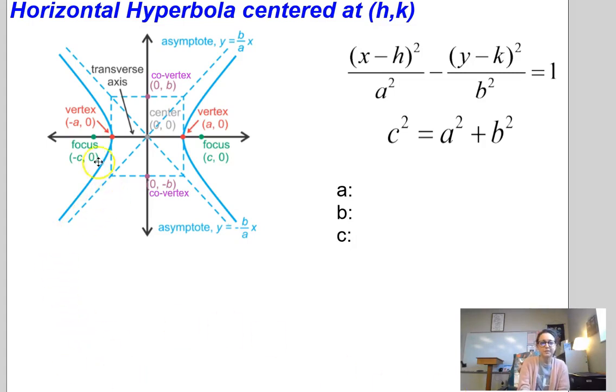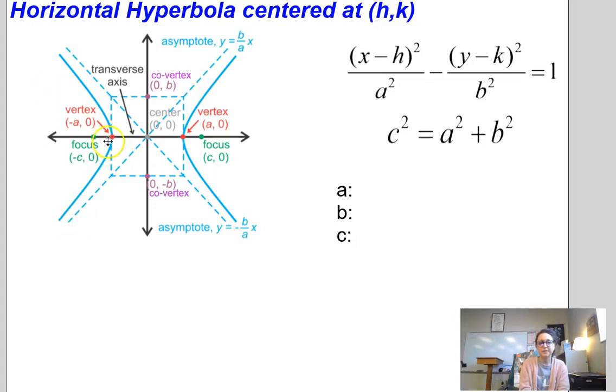What I like to do is plot both my vertices, these red dots here, as well as my co-vertices, in this case these purple dots. And I make a rectangle there, and then if you connect the diagonals of the rectangle, that's what's going to create your asymptotes for you.